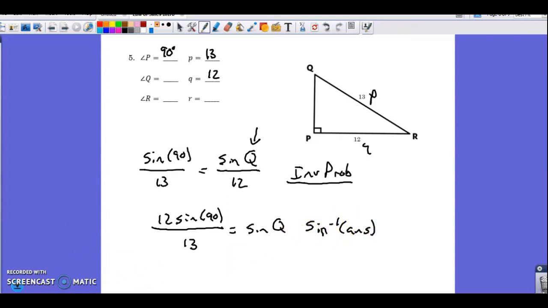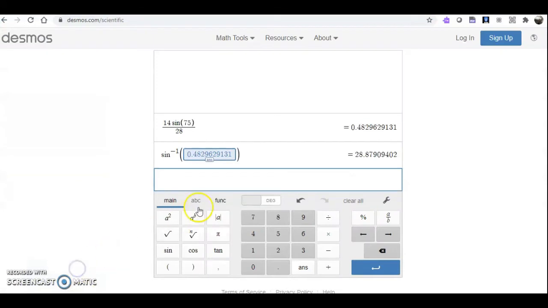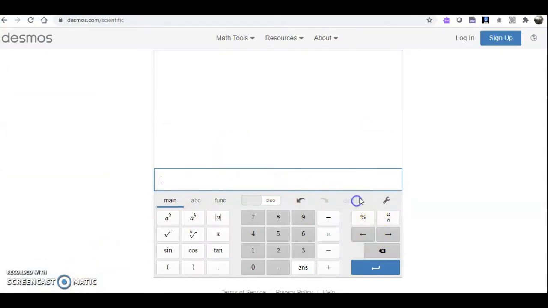So looking at our calculator, that is 12 sine of 90. And when you look at 12 times sine of 90, it just equals 12. That's because the sine of 90 is 1.